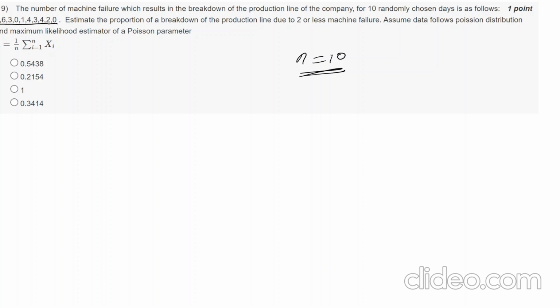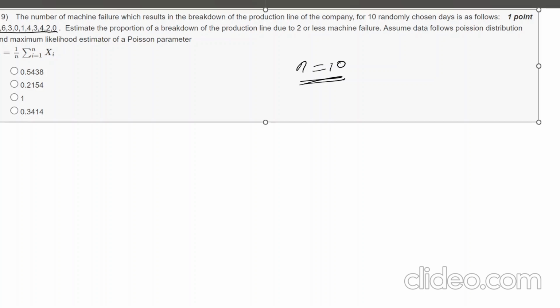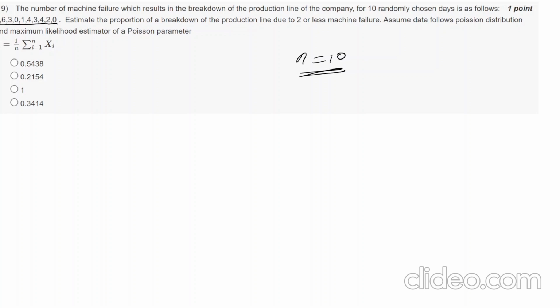So in this case, they are asking to estimate the proportion of breakdown of production line due to two or fewer machine failures. Assume the data follows a Poisson distribution. They have given that the maximum likelihood estimate of the Poisson parameter is the one which we have derived for the Bernoulli trial.